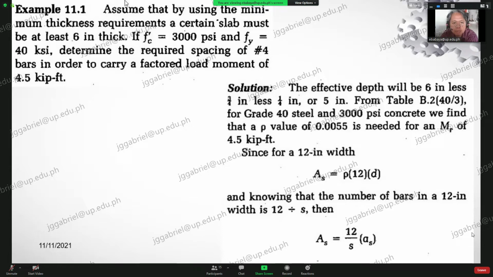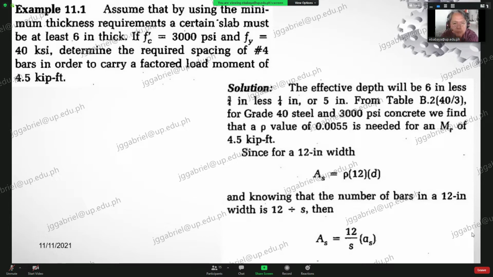If f prime c is 3000 psi and fy is 40 ksi, determine the required spacing of number 4 bars in order to carry a factored load moment of 4.5 kip-foot. So you're given f prime c, fy 40 ksi.